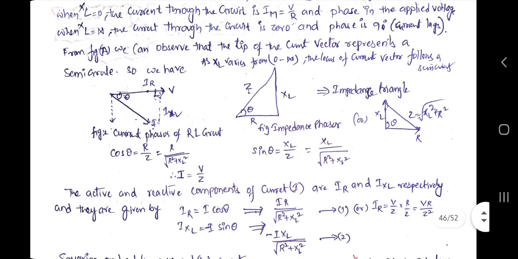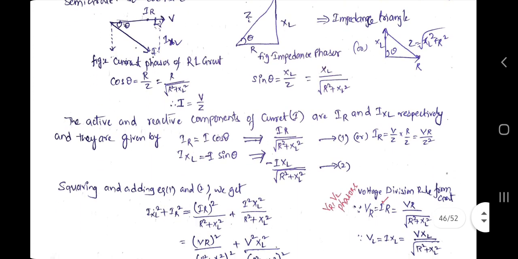Now we are going to take the active and reactive components of the current I, which are IR and IXL respectively. IR is equal to I cos theta, and cos theta we already found in the previous equation: cos theta equals R by under root of R square plus XL square.